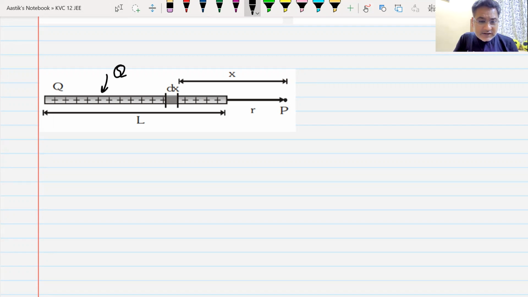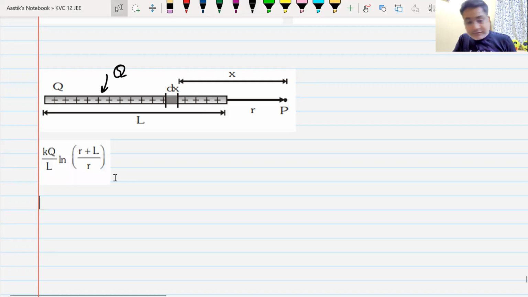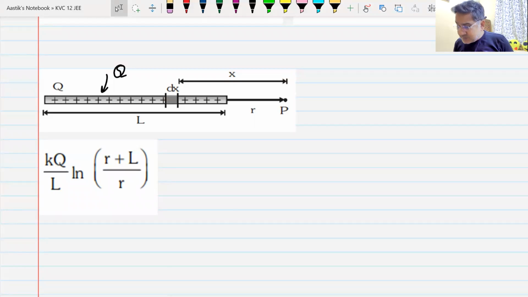This is the formula for electric potential due to this rod. You can also write Q by L as lambda. Doesn't matter. This is the answer for this potential. Don't have time to derive it.